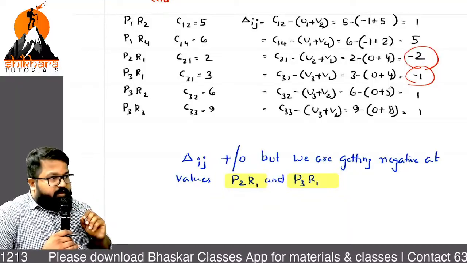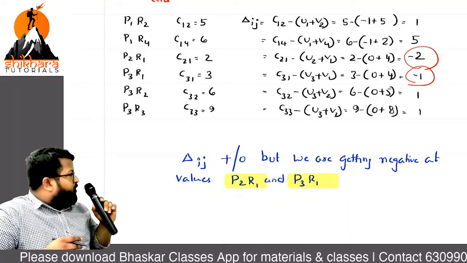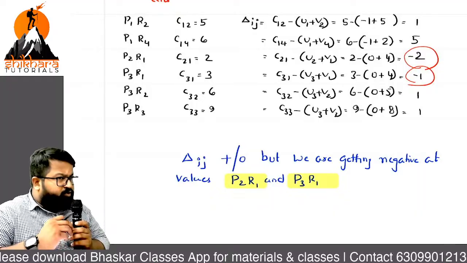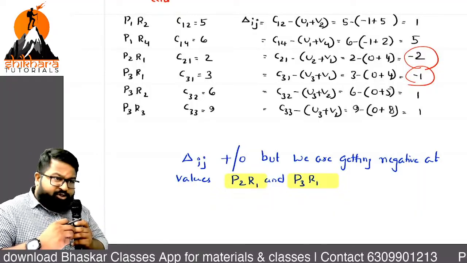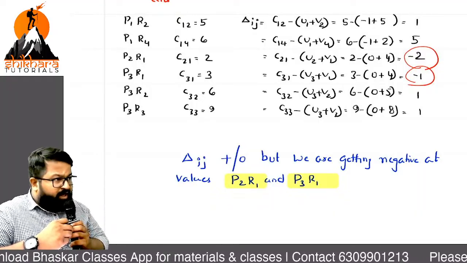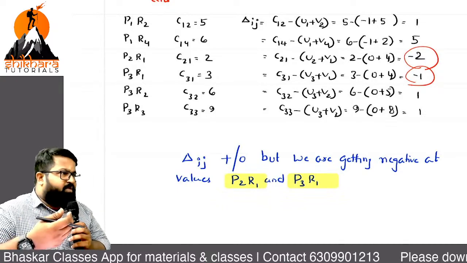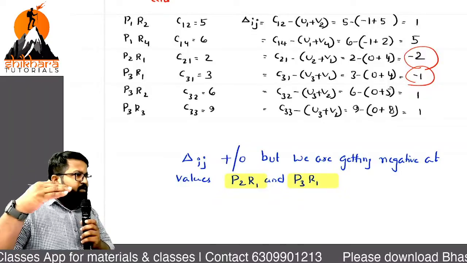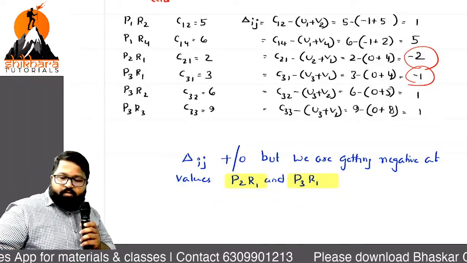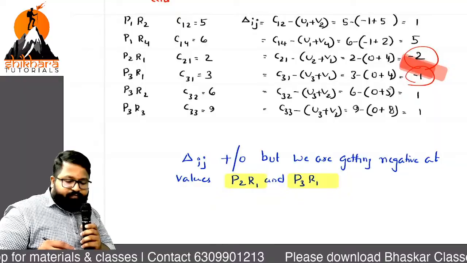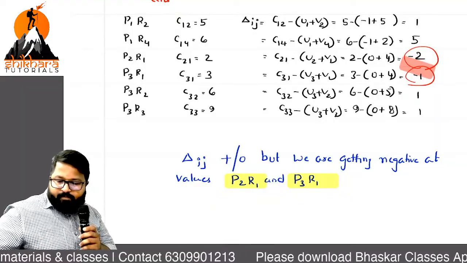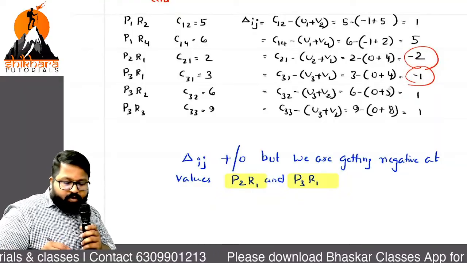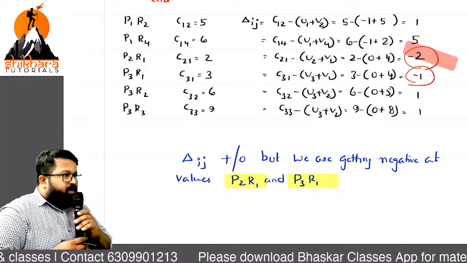Here there are two numbers now in opportunity cost. What are those two numbers? Negative numbers, -2 and -1. Okay. Take the least number. If you go with sign, by seeing the negative sign, the least number will be -2. What does that mean?